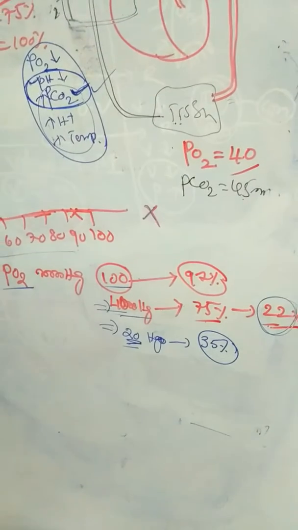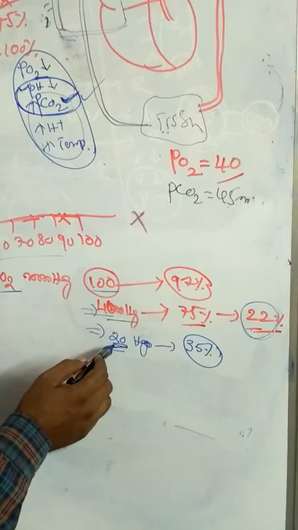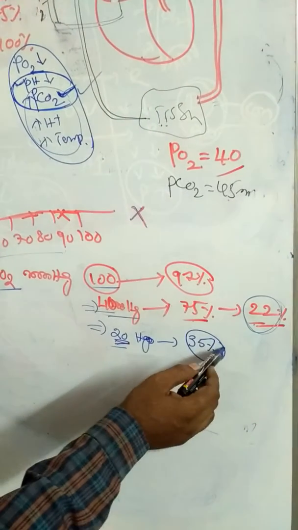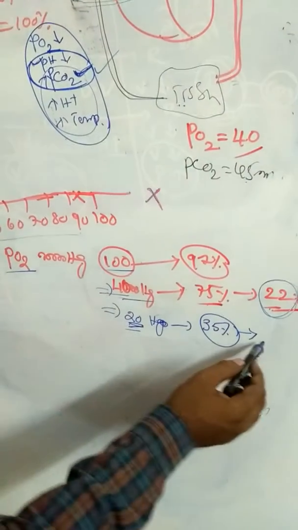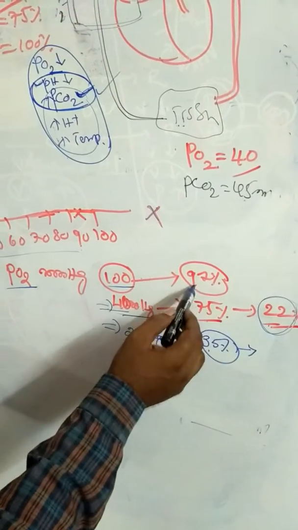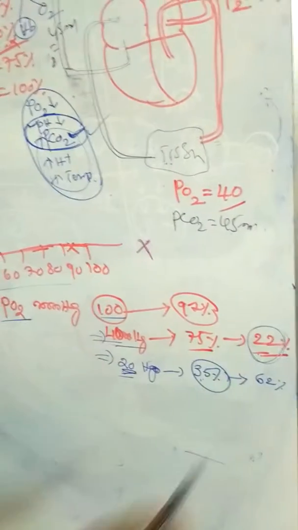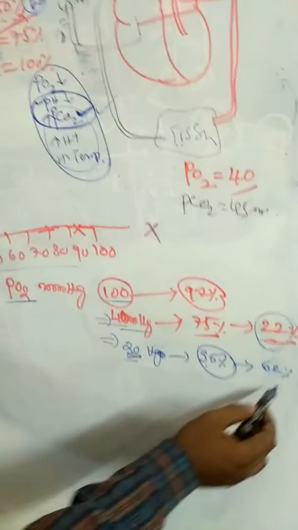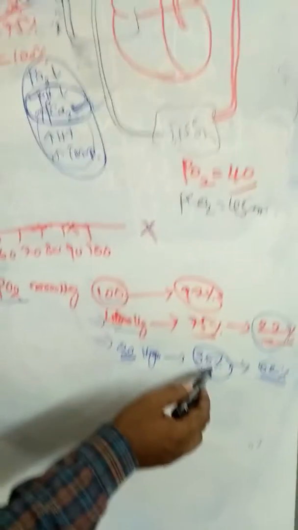Special cases. At 20 mmHg partial pressure of O2, saturation is 35%. That means dissociation is 97 minus 35, 62%. 62% dissociation.